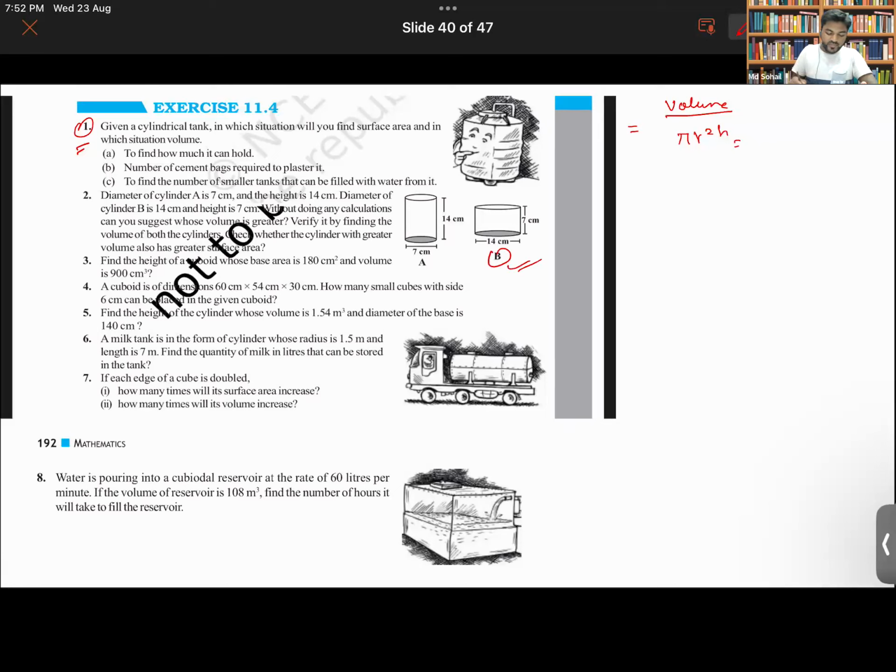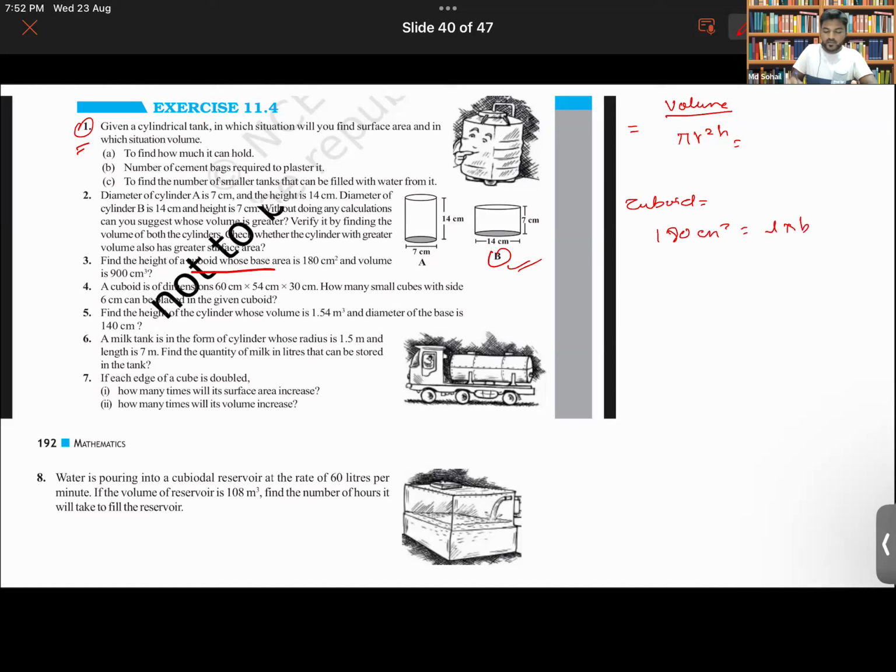Question number 3. You need to find the height of a cuboid whose base area is 180 square centimeter and volume is given. That one is also simple. So base area is 180 square centimeter, meaning length into breadth.